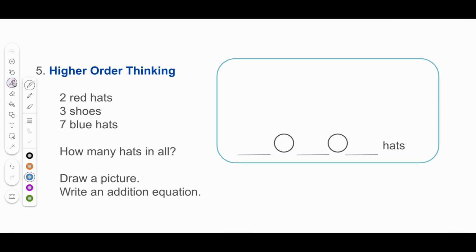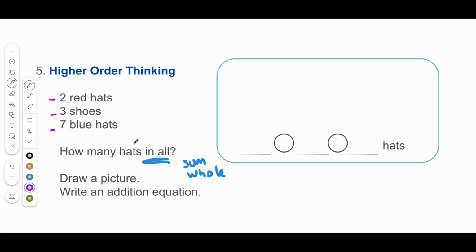For this lesson, this is our first higher order thinking question. The information we're given is that there are 2 red hats, 3 shoes, and 7 blue hats. The question is asking how many hats in all. So again, we're looking for the sum. We're trying to find the whole. And the parts we're given are 2 red hats, 3 shoes, and 7 blue hats.